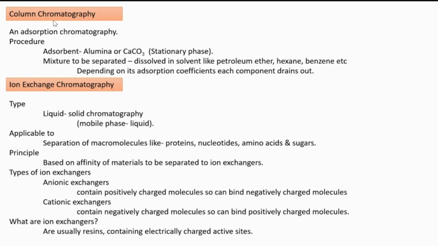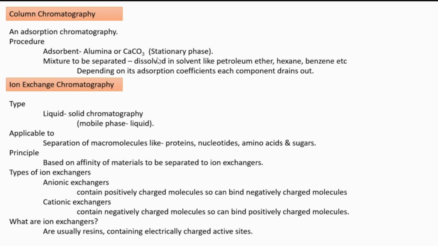What about column chromatography? It's an adsorption chromatography. What's the procedure? The adsorbent here is composed of alumina or calcium carbonate, CaCO3. The mixture that we need to separate is dissolved in a solvent like petroleum ether, hexane or benzene, etc. Depending on its adsorption coefficient, its adsorption power for the stationary phase, each component drains out.